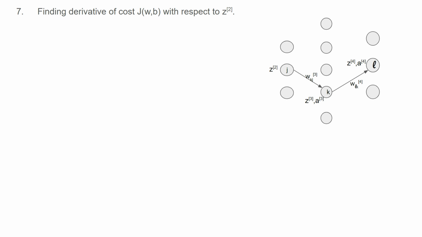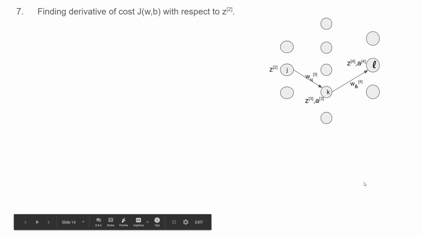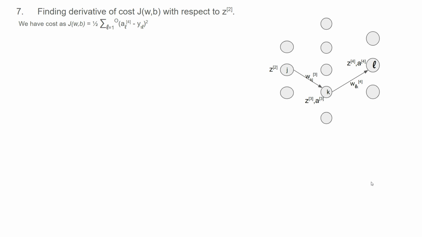Finding the derivative of cost J(w, b) with respect to z2. This is somehow too long to proceed, so just bear with me.